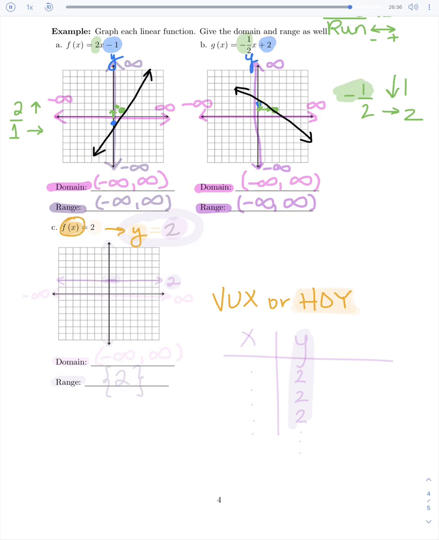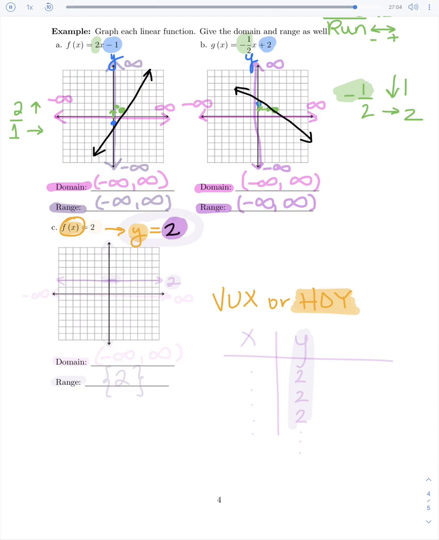So I can replace the f of x with y equals instead and leave the 2 alone. Well, remember that the one which has the y in it is the horizontal. So we're looking at a horizontal line at 2.